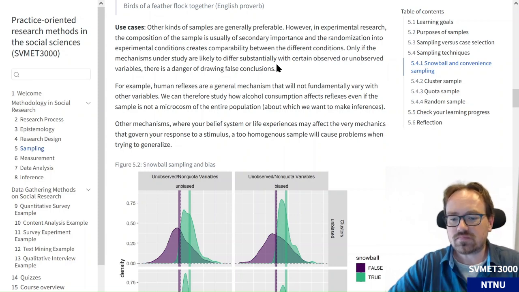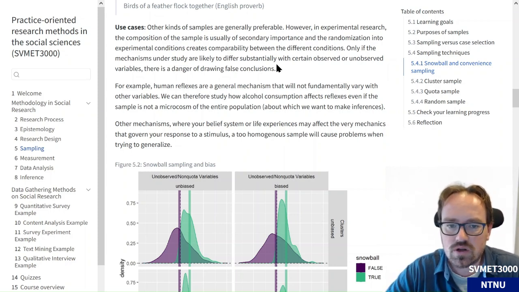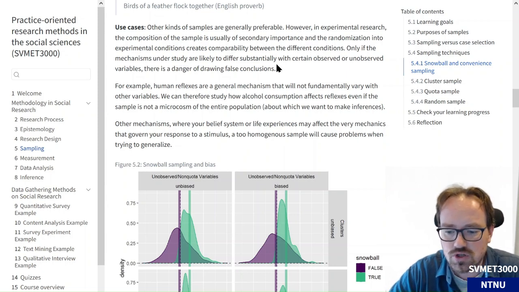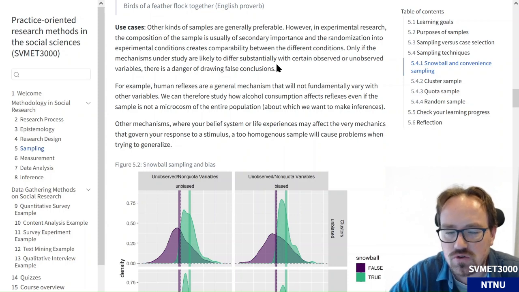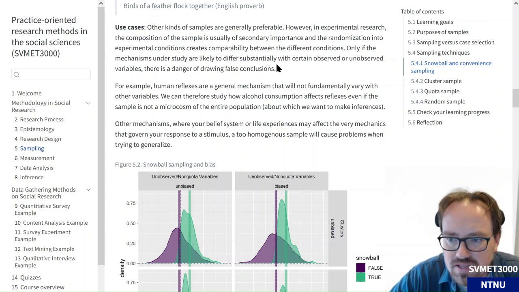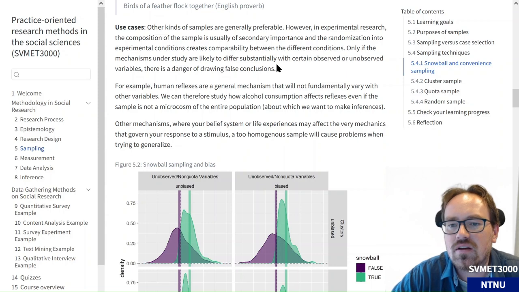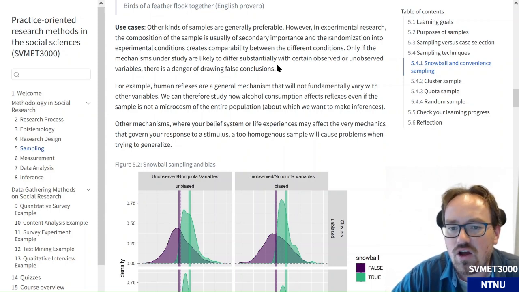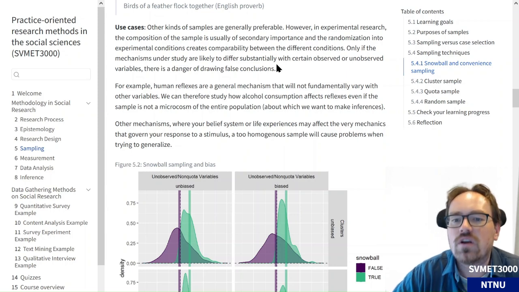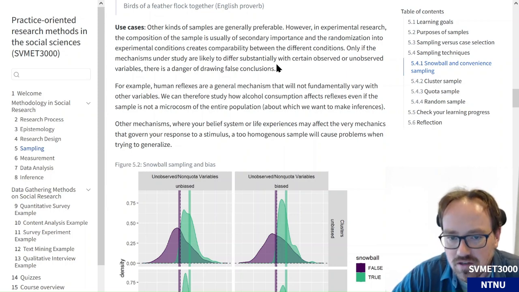For example, in medical studies, there was a tendency to only recruit, for instance, only male white participants, to have a relatively homogeneous sample and not introduce too much variation based on these background variables. However, that led to problems, because some medical conditions function differently and need to be treated differently depending on your sex or depending on your skin color, basically, your ethnic background.